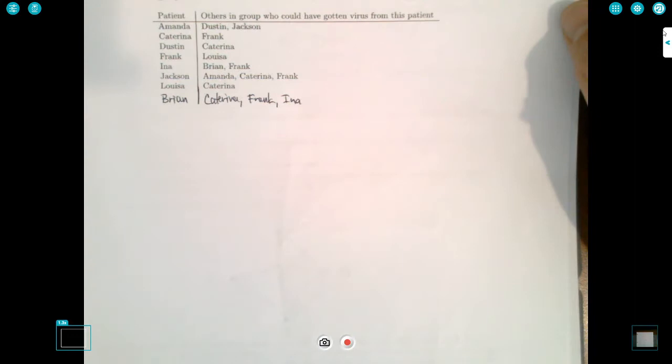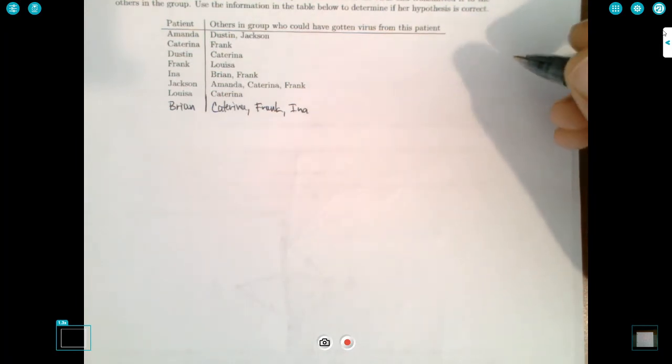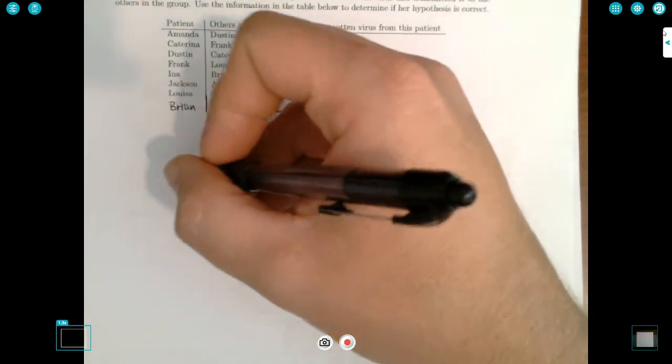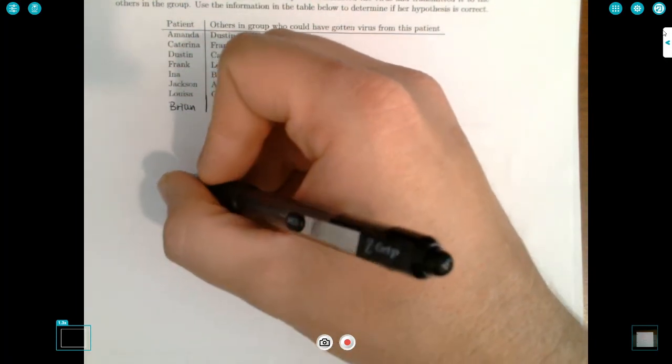So again, I just did some work ahead of time to try to figure out a good way to lay out the graph so that it was as unconfusing as possible. Okay, and so here's what I came up with. You might come up with something you like better.